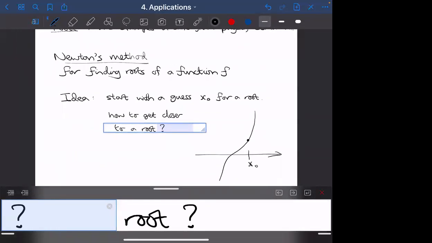In this picture, we can see from the shape of the graph that the root is less than x0, and that's because the graph is increasing at that place.